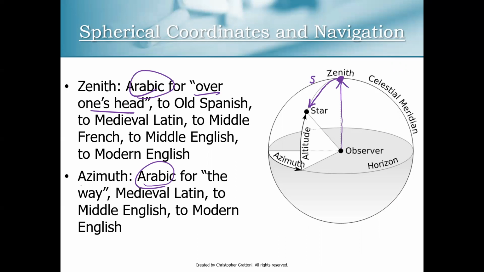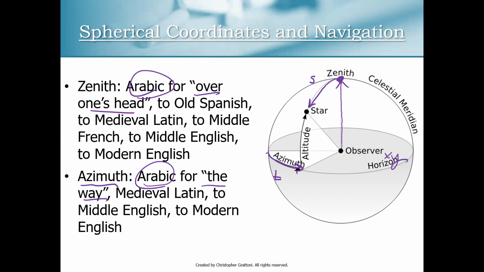In contrast, azimuth is Arabic for the way, because it's the way that you are pointing on the xy plane, which, when you're on Earth, is approximated at any point you're standing on by an xy plane. It's really how many radians t you're rotating from the positive branch of the x-axis towards the positive branch of the y-axis.